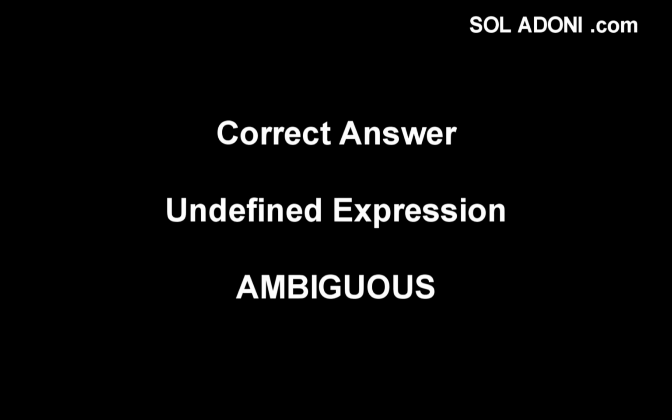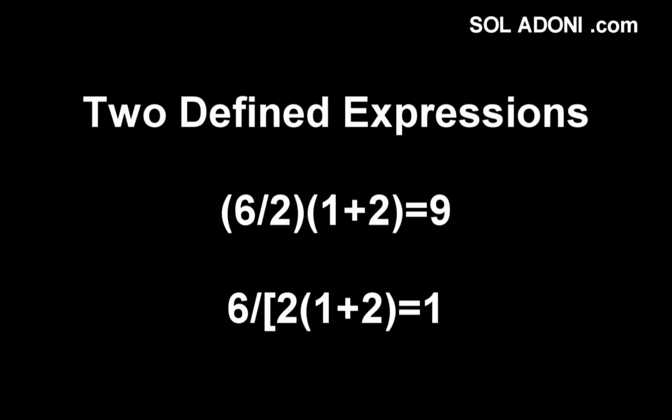The proper way to define this would be the sum of 6 divided by 2 times the sum of 1 plus 2. Then you would get 9. If you define it properly as 6 divided by the sum of 2 times the sum of 1 plus 2, then you would arrive at the answer of 1.